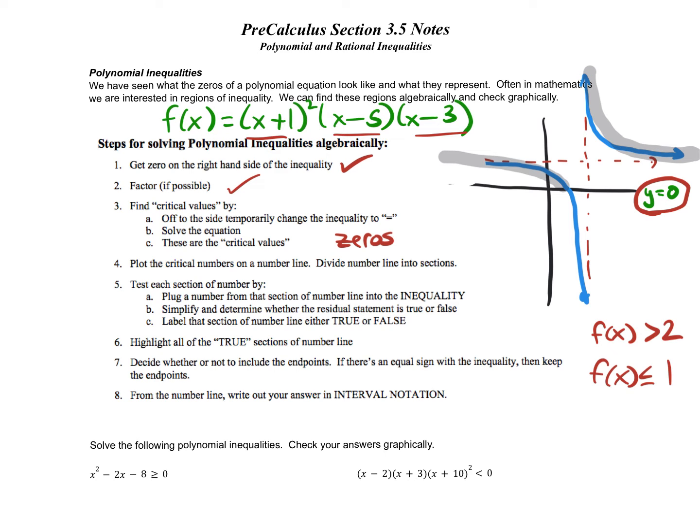Then our idea is we'll pick a number in each region, and we will see if those are positive or negative. We will either want positive regions if it's bigger than 0, or negative regions if it's less than 0. And then whatever regions we have, that's going to be our solution regions. So it seems like a lot of steps when you try them. We'll try some. They're really not so bad once you actually try to do them.